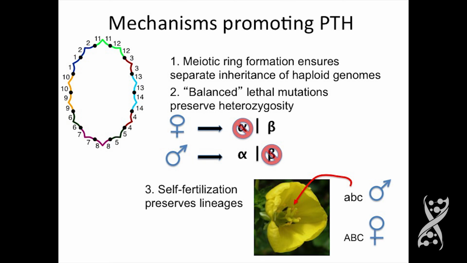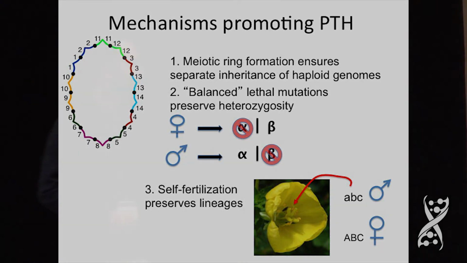And you get no segregation and recombination. And that's coupled with balanced lethal mutations, such that essentially there's a pollen genome and a maternal genome, an ovule genome, and nothing in between. So you sort of feel bad for Hugo de Vries trying to rediscover Mendel's laws with this system. And again, self-fertilization preserves these lineages.